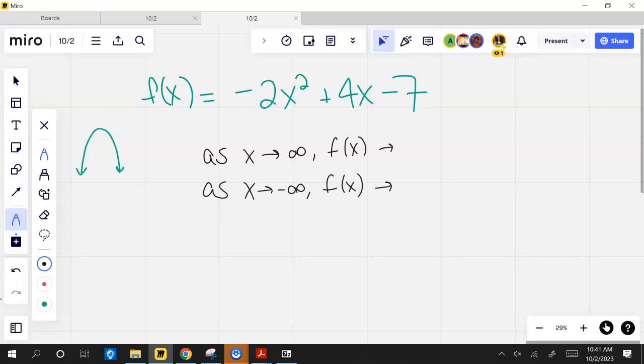I have to determine if it's positive or negative. So what does this first sentence say? As x approaches infinity, so as I look to the right, what's the graph doing? It's going down. That's this end right here. So down is negative infinity. As I look to the left, down.